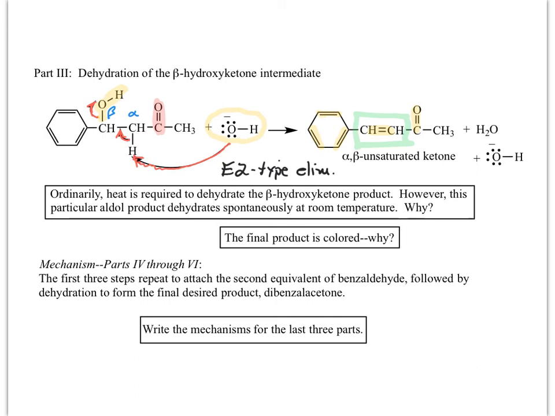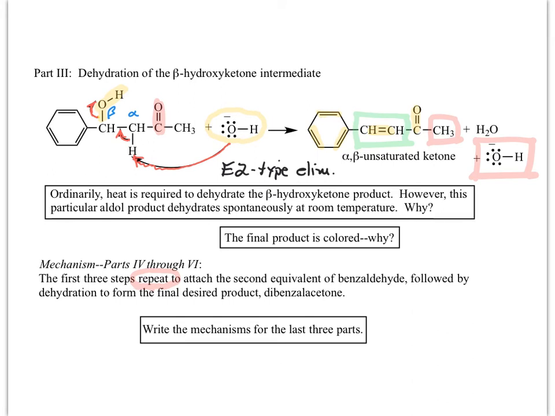Now, note at the end of this, on the other side of our molecule, we have another carbon next to a carbonyl, and we are still under basic conditions, right? And so a reaction just like the one we've done is repeated on the other side to get the complete product.